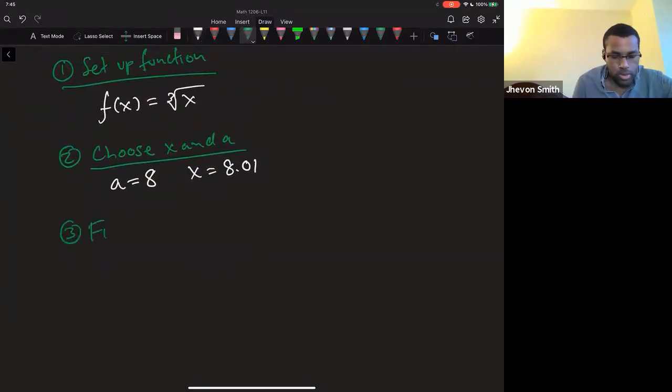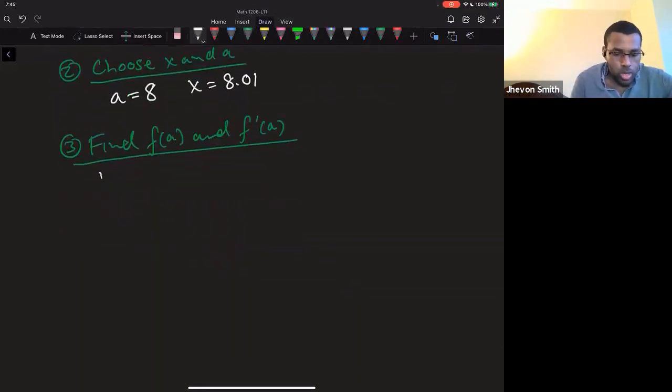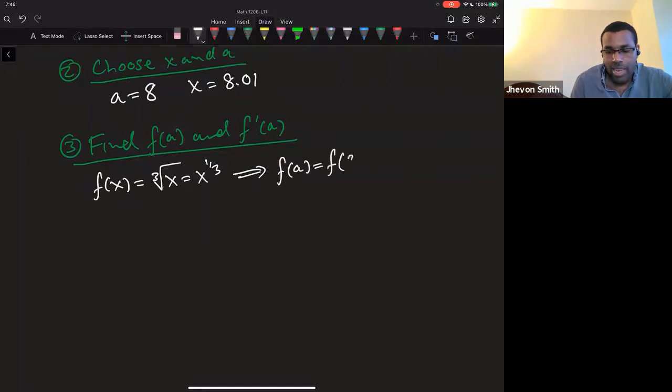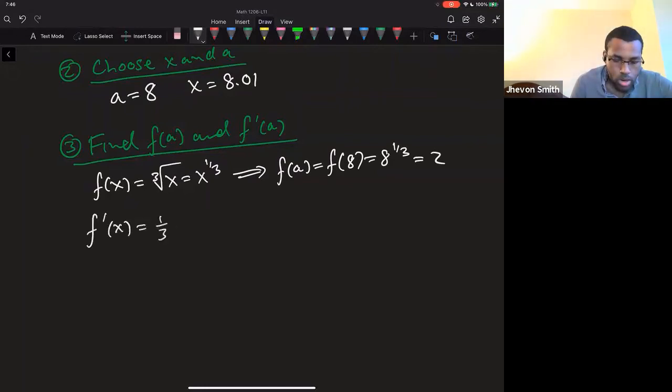3, you're going to find f of a and f prime of a. So we know that f of x is equal to the cube root of x is equal to x to the 1/3. This means that f of a equals f of 8, which is 8 to the 1/3, which is again 2. And f prime of x would be 1/3 x to the minus 2/3.